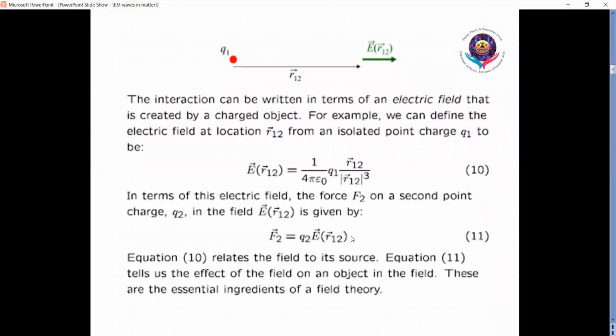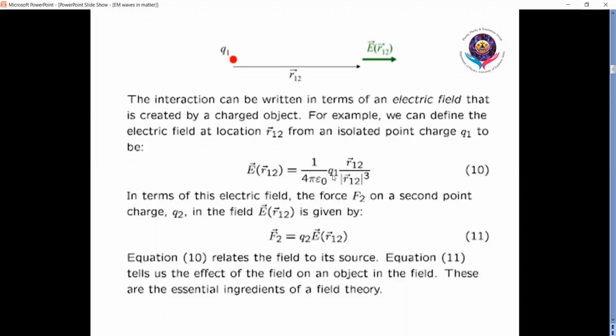And this interaction can be expressed in terms of an electric field that is created by the charged object. We can define that electric field with this expression. And the relation between the field and the force is given by equation 11. The force is the electric field multiplied by the charge.